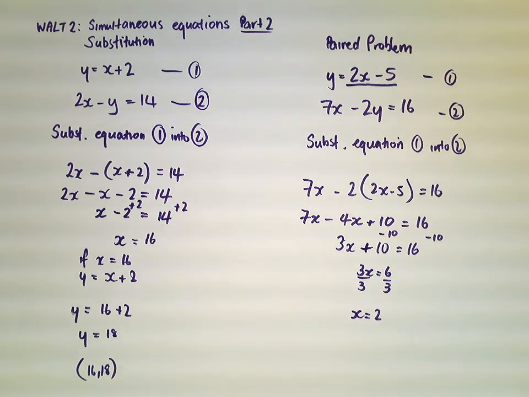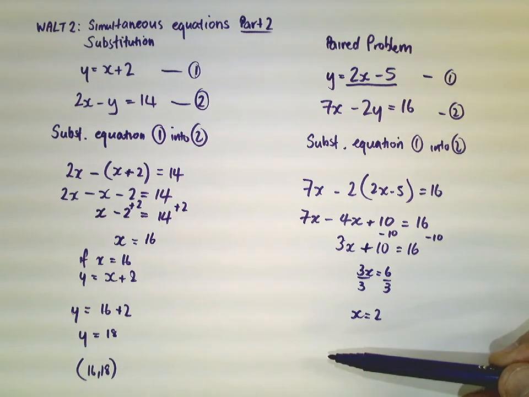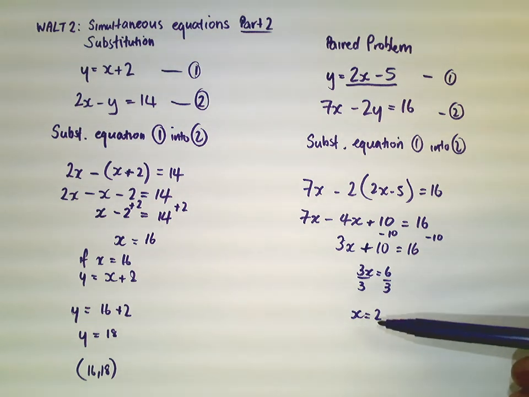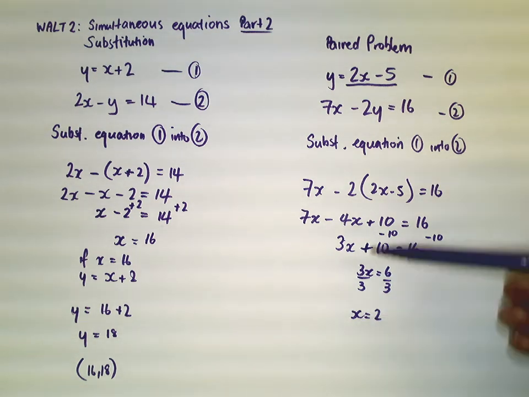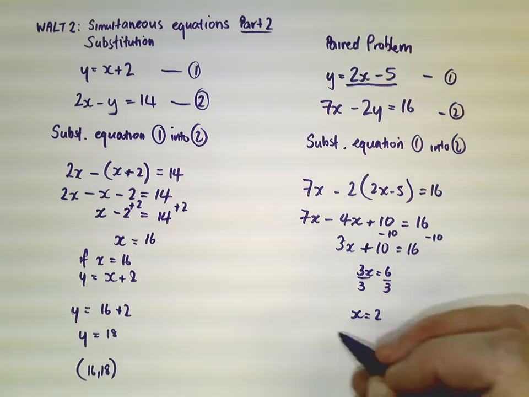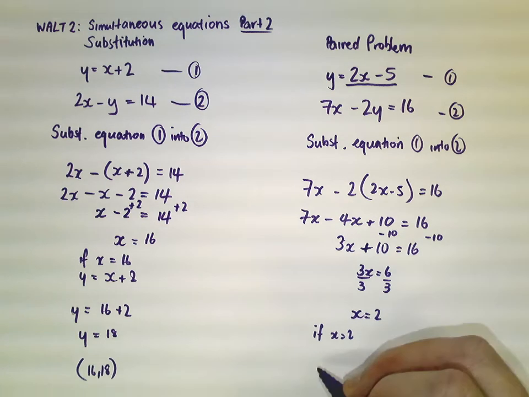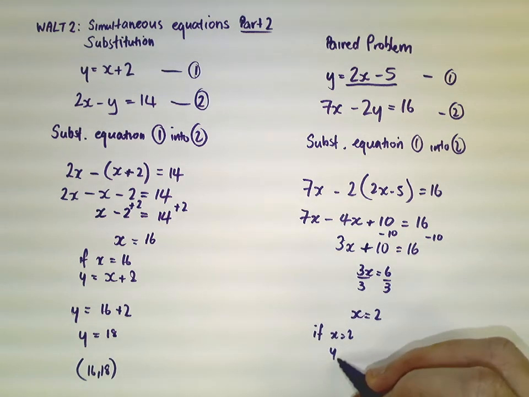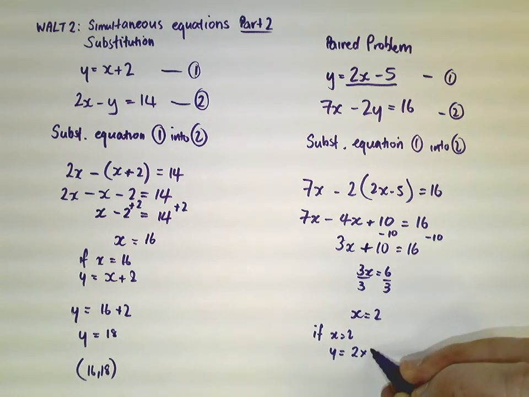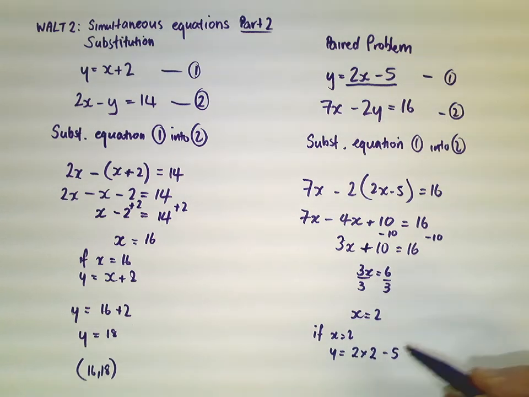Now, once again, this is where I'd stop and just go through, make sure everything's all right. I also need to be careful because I am running out a bit of room down here. But now I know this, I'm going to take this value for x, and I'm going to put it into this equation up here. So, here we go. If x is equal to 2, then y is equal to 2 times x, so 2 times 2, and then of course take away the 5.